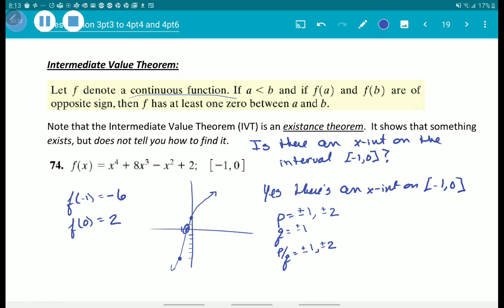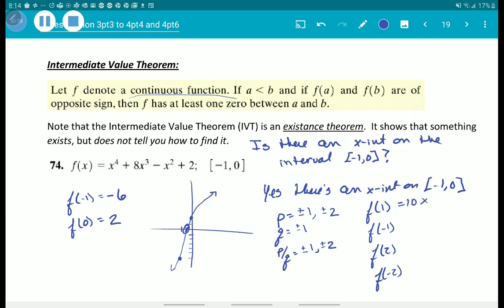So this is where we would see if one of these numbers works. So let's try it. If we plug in a 1 and a negative 1 and a 2 and a negative 2, do we have a factor here? And it's possible we may not have a factor. So we're going to type that equation into our calculator. And we're going to start plugging those numbers in. So if we plug in a 1, I got 10.